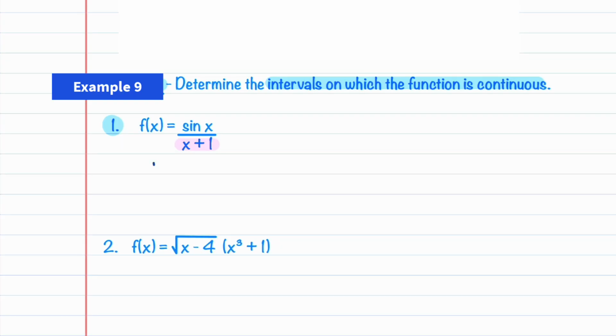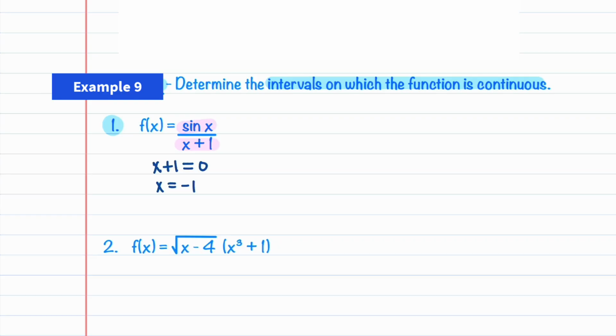So let's take x plus 1 and set it equal to 0, and we get x is equal to negative 1. So our function is not going to be continuous at x is equal to negative 1. The trigonometric function sine x is always continuous. Now what we need to do is find the intervals on which our function is continuous.